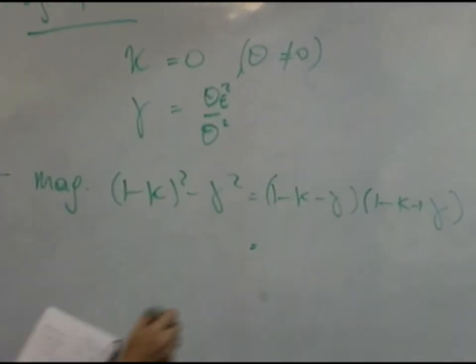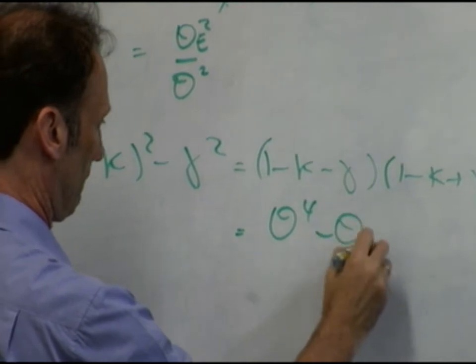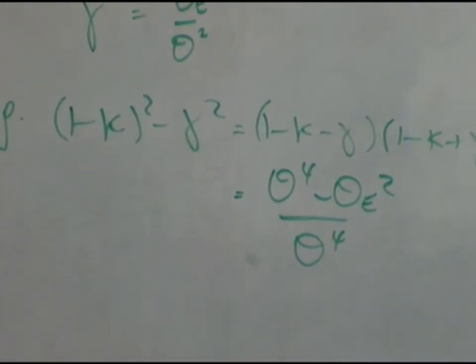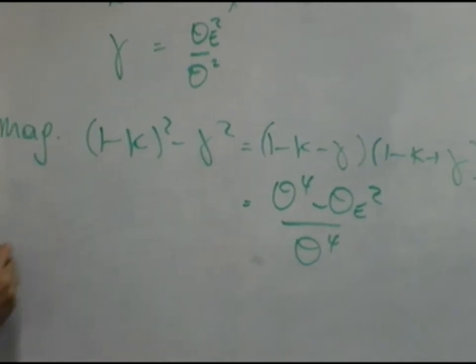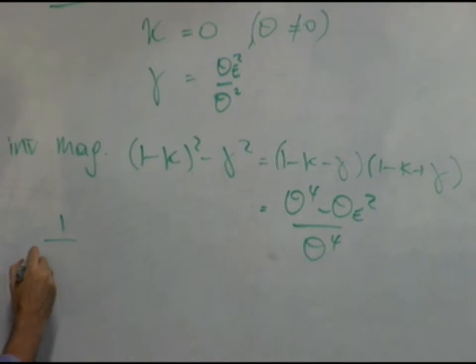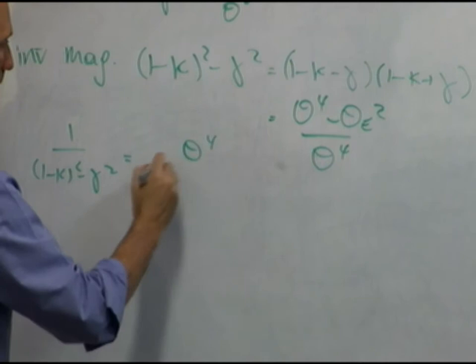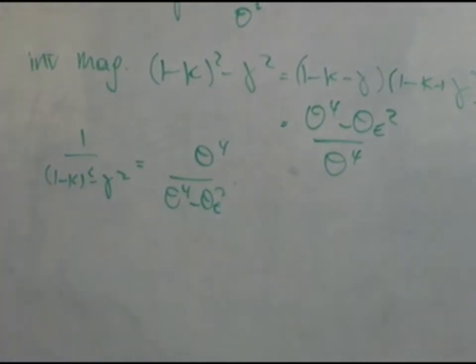So it's like this. So this is the inverse magnification, and so when we take 1 over this, this is what we get.